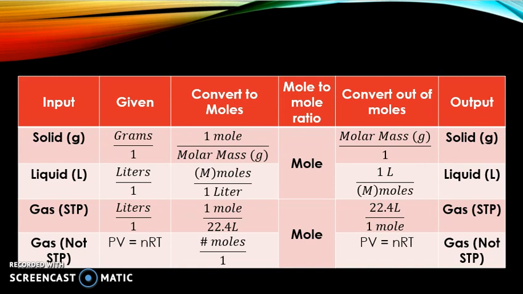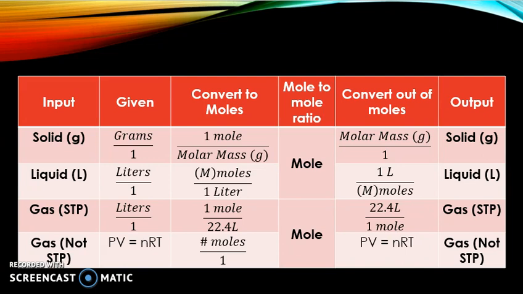A gas at STP can use standard molar volume, 22.4 liters to 1 mole. And if the gas is not at STP, you have to do a PV = nRT problem before you can go to your mole-to-mole ratio. And notice at the end, for your second material, after your mole-to-mole ratio, you would simply do the reverse to get out either a solid, a liquid, a gas at STP, or a gas not at STP.